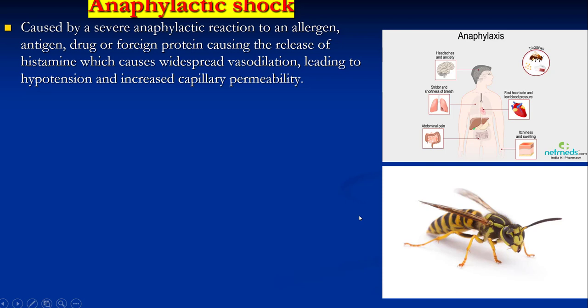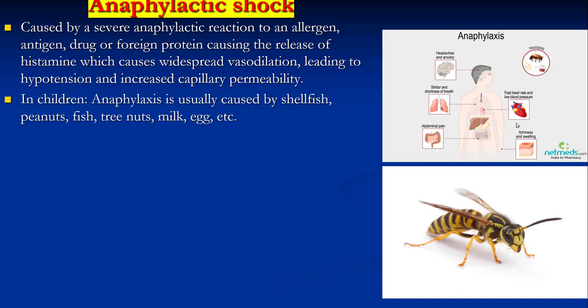Anaphylactic shock is caused by a severe anaphylactic reaction to an allergen, antigen, drug or foreign protein, causing the release of histamine, which causes widespread vasodilation leading to hypotension and increased capillary permeability.